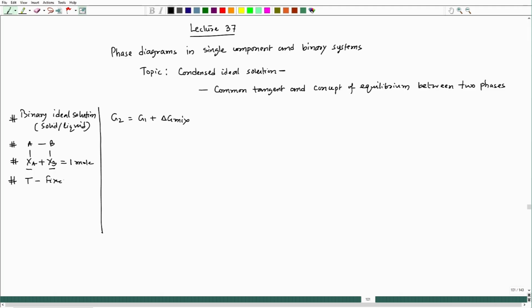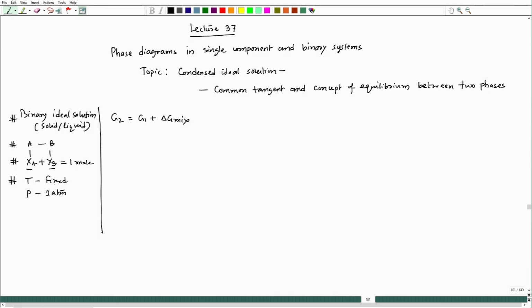So, this is fixed, and pressure we are taking 1 atmosphere. So, that is the condition we have imposed, because most of the natural processes are basically happening at 1 atmosphere. That helps us to visualize the standard condition.